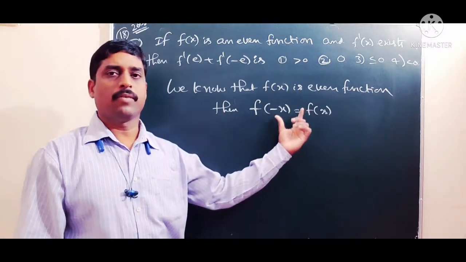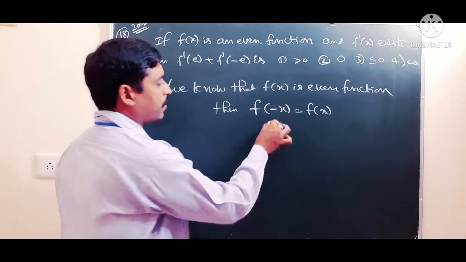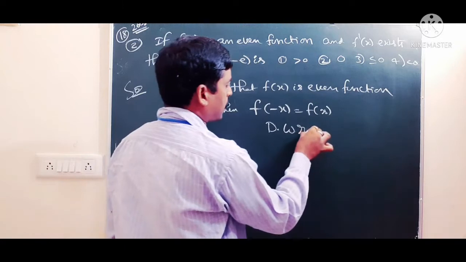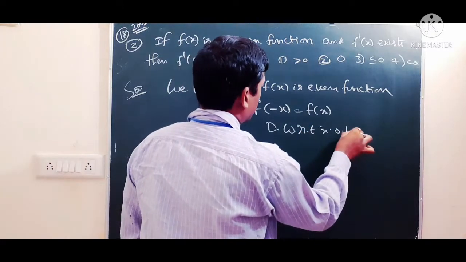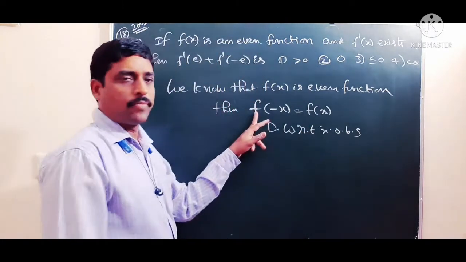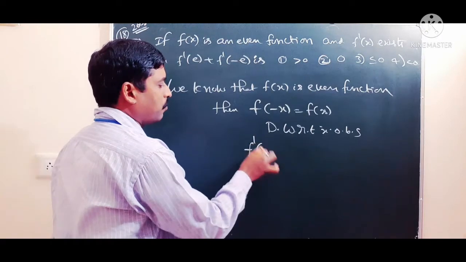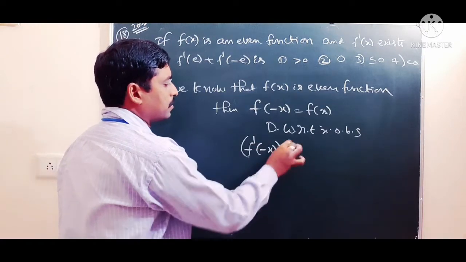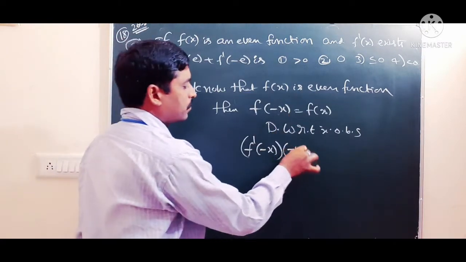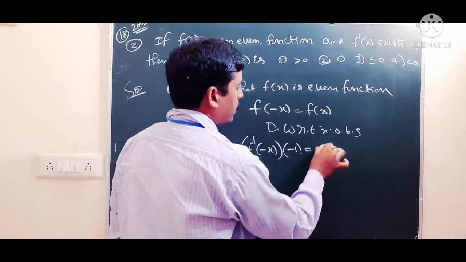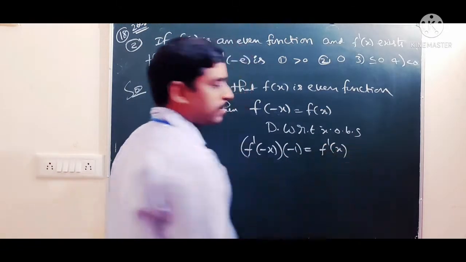This is the definition of an even function. So now, differentiation with respect to x on both sides. The differentiation of f of minus x will be f dash of minus x into the derivative of minus x, which is minus 1. On the right side, the derivative of f of x is f dash x.